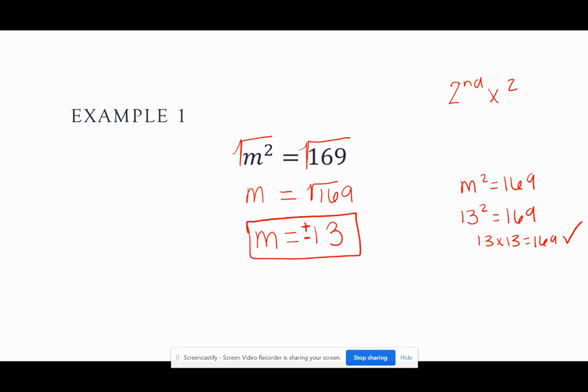So that works out. There's a big check mark. Or I can put negative 13 in for m. Does negative 13 times negative 13 give you 169? It does. So that's a big check. That's all we're doing. If we see this 2, that means we need to take the square root.